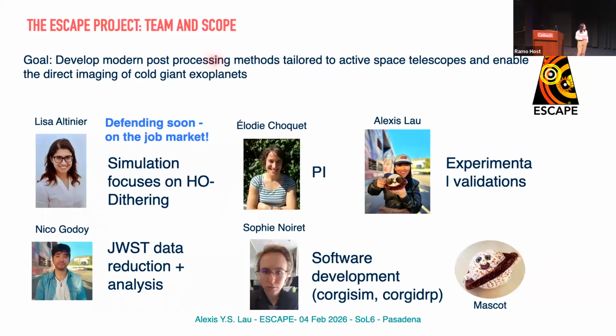Nicolas Goudot, the PI, has been working on JWST data analysis, and Sophie Noé has been working on software developments within the Roman CPP context. Lisa Tinier, who is defending soon and also on the job market, has been working on the simulations, focusing on the technique we call high-order dithering. And me, Alexis Lau, I'm working on the experimental validations based on the simulation results that Lisa achieved.